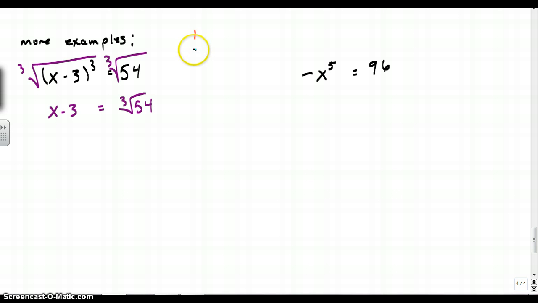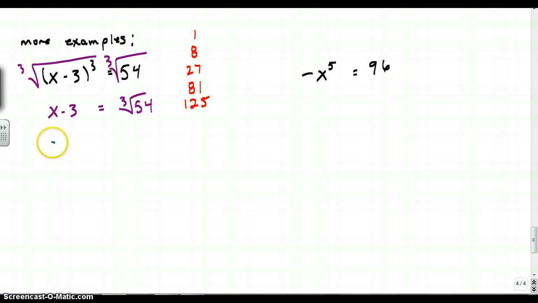So 1 cubed is 1, 2 cubed is 8, 3 cubed is 27, 4 cubed is 64, and 5 cubed is 125. Those are really the only 5 you need to remember, because after that it starts to get really big really fast, and it'll be obvious what the cubes are. So I'm looking for a factor of 54 that's a perfect cube.